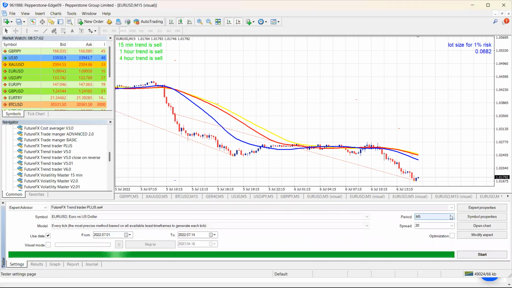We can go one further. We can drop it down to the 1 minute time frame now and see how that goes.